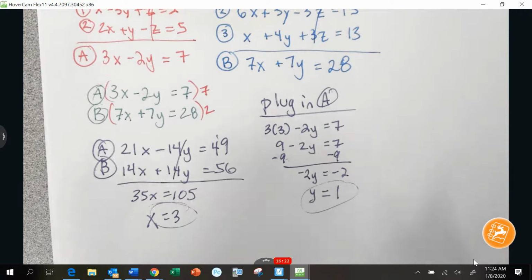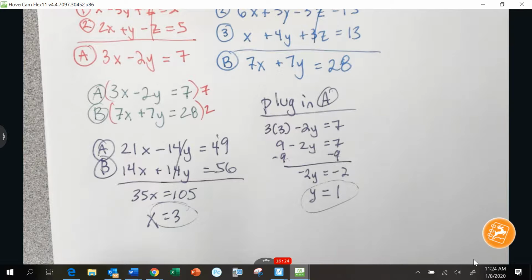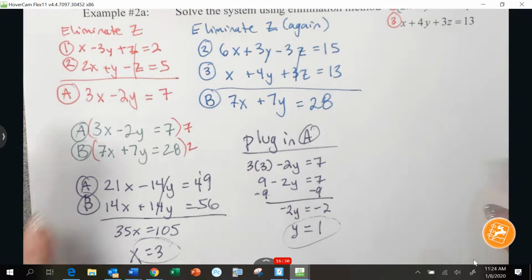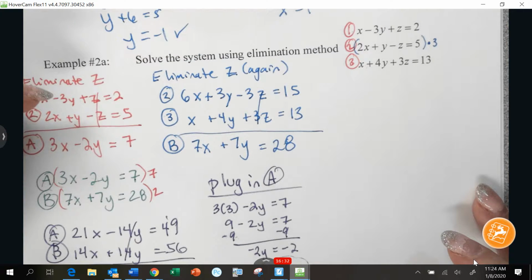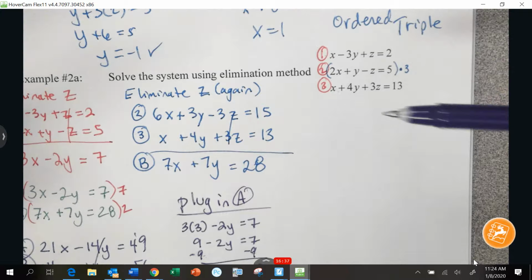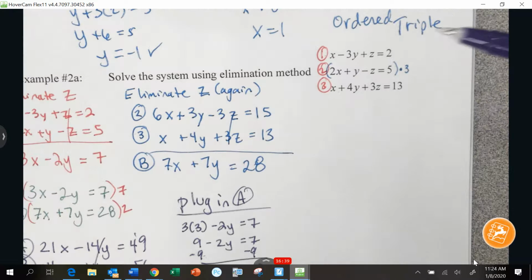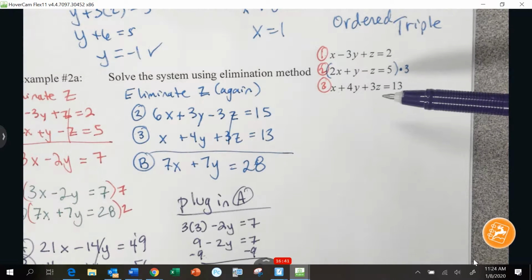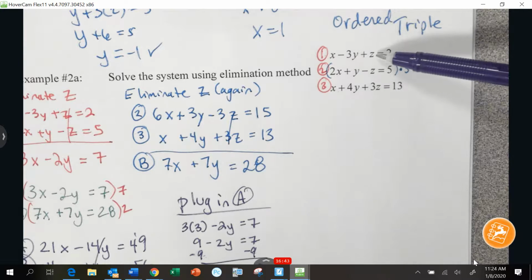So I now have two variables. What should I do with x and y to find the third one? I'm now going to go back to either equation 1, 2, or 3, and plug it in. Your choice. Usually if they all look about the same, I'll go in order. I'll just plug it in 1 because we still have to check.